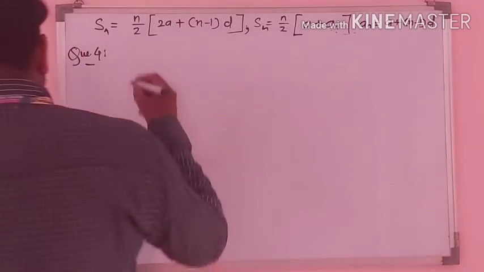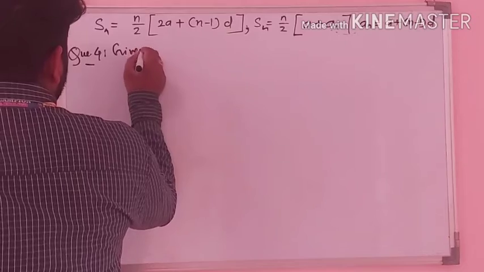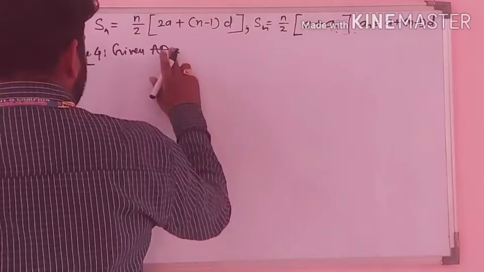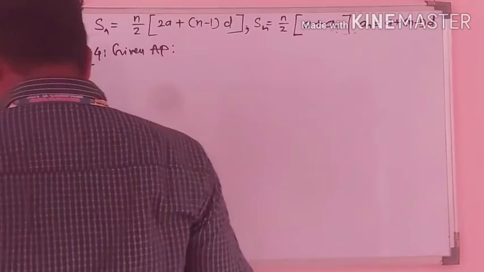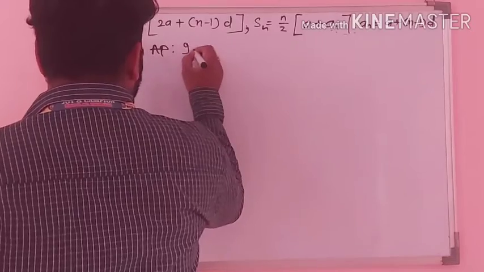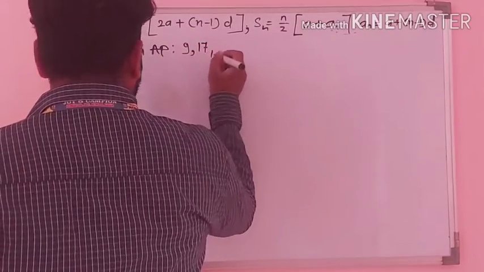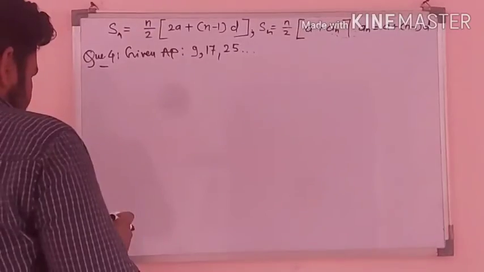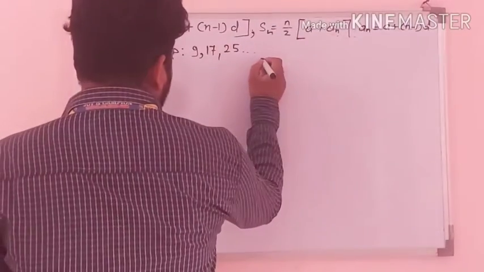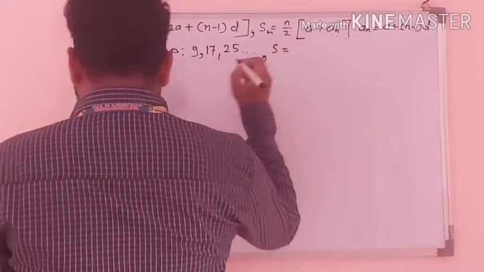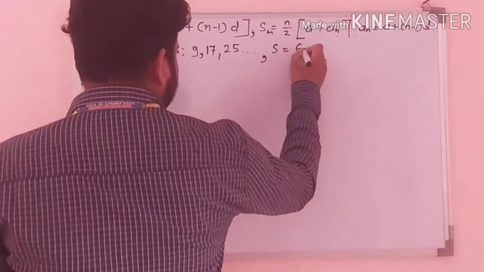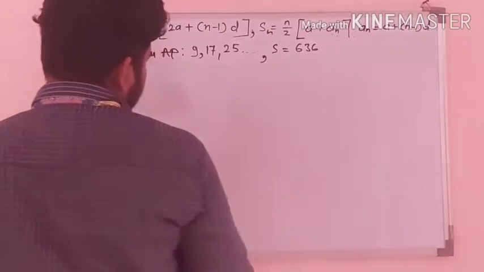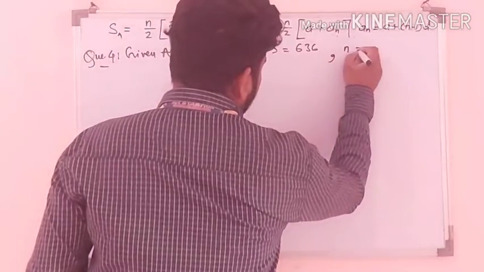Okay, so given AP is 9, 17, 25, the sum is denoted as S, which is given 636. Okay, so must be taken to give a sum, which number? So here the question is to find out n.